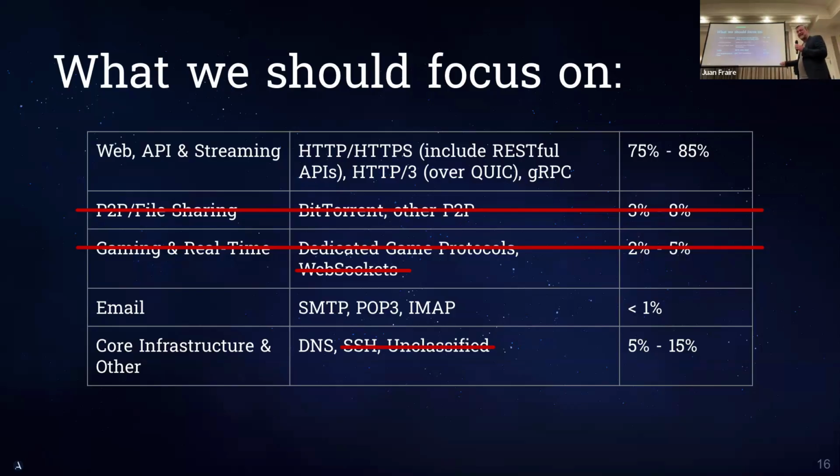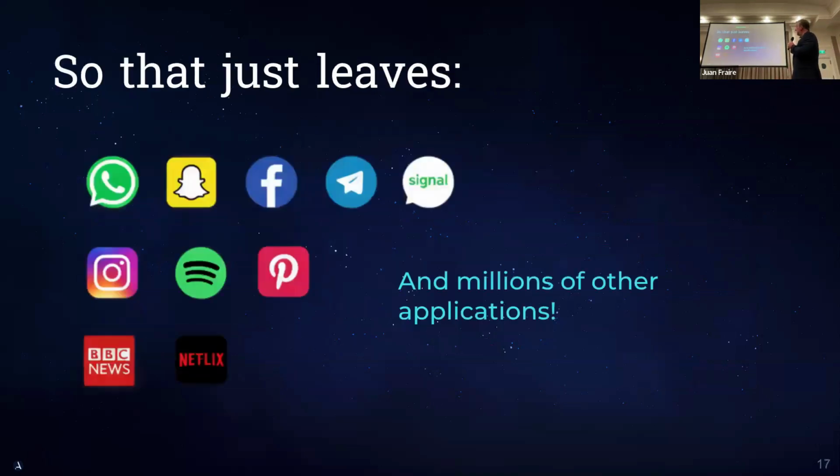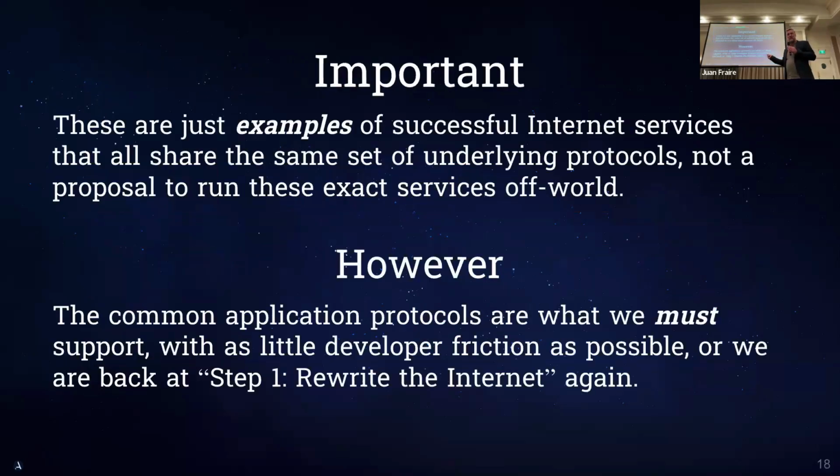So we're going to look at these things for the purposes of today. Having scratched all the other things, that leaves us with them and some others. Facebook, Netflix, Spotify, all those applications that the entire internet consumes, including Snapchat and whatever else. I'm not saying anyone is going to run TikTok on the moon.